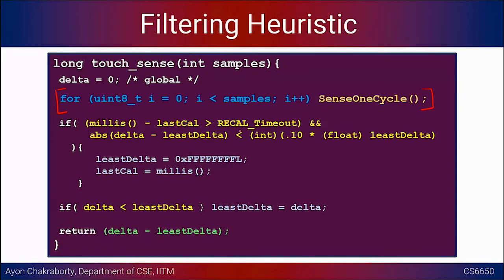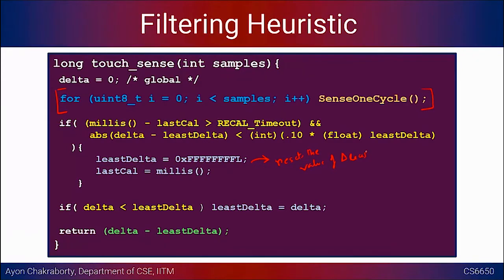After that there could be a recalibration timeout. If this timeout occurs, then we recalibrate the value of delta. We keep track of the delta list, and depending on how much time has passed, we reset the value of delta list.